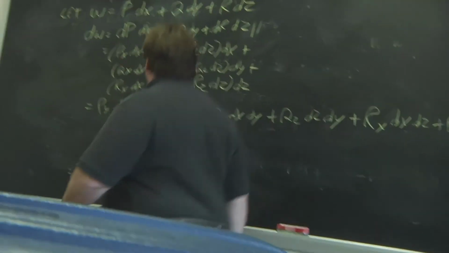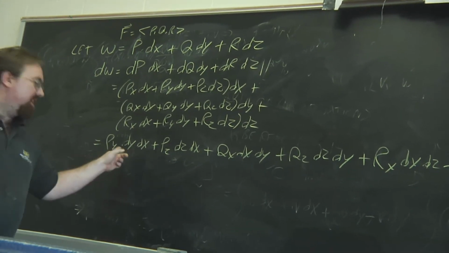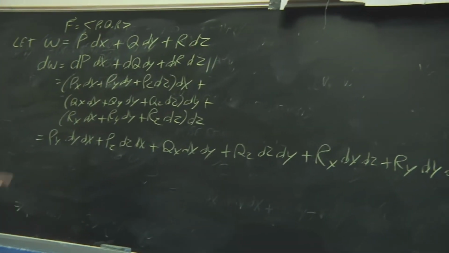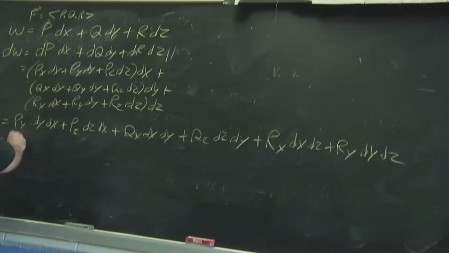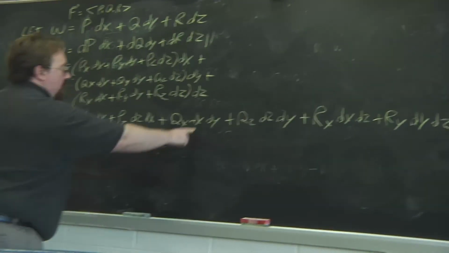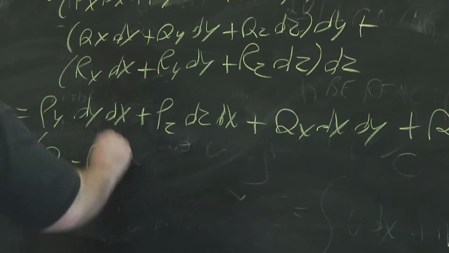But now we want to combine these, so we want to have these dx's, dy's, dz's in the right order. So some of these are now going to be negated. So we're going to have dx dy times qx minus py.